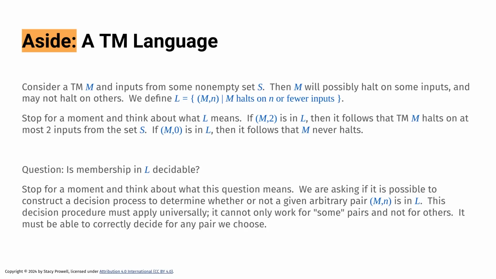That's not a full decision procedure for L. That's a decision procedure for a subset of L, and a subset of L can be decidable. But I would contend that membership in L generally is not.